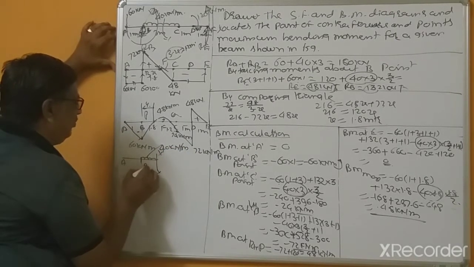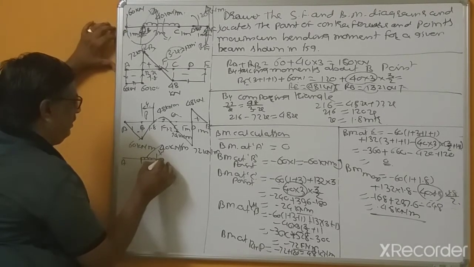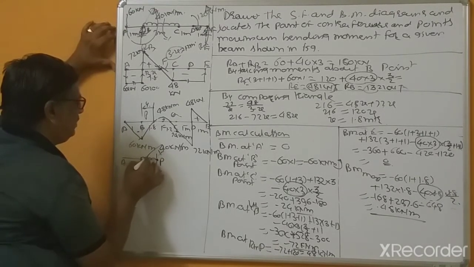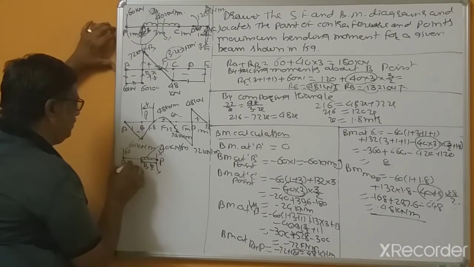A point, B point, and this is P point, and this distance is, suppose, y. 60 and this is 1 meter.